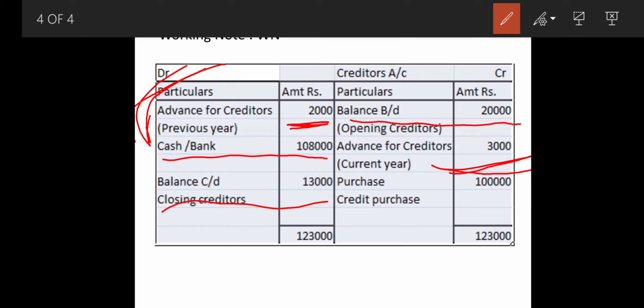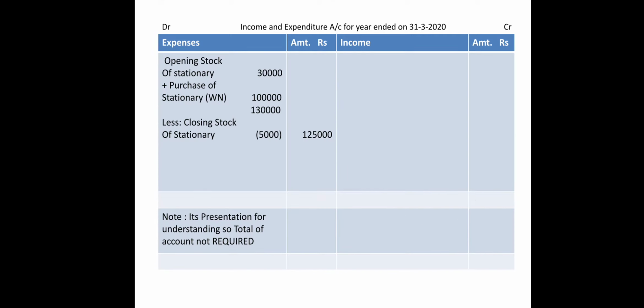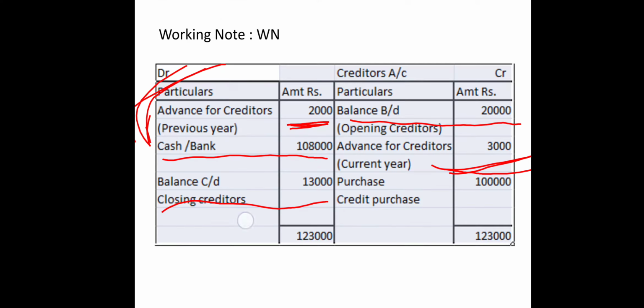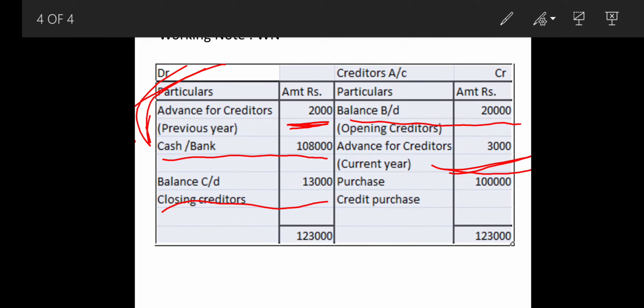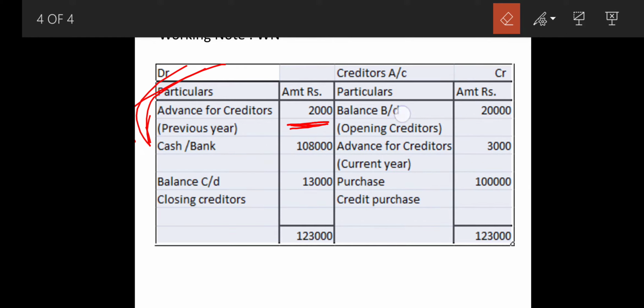And now, doing this, we will get a difference, and that difference will be termed as usual our purchases.